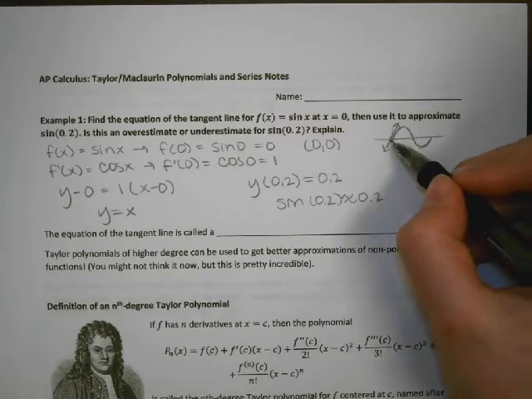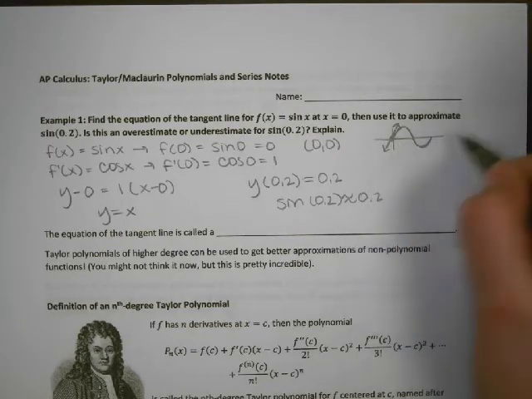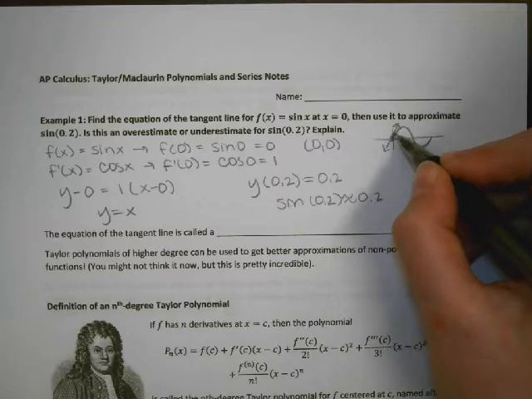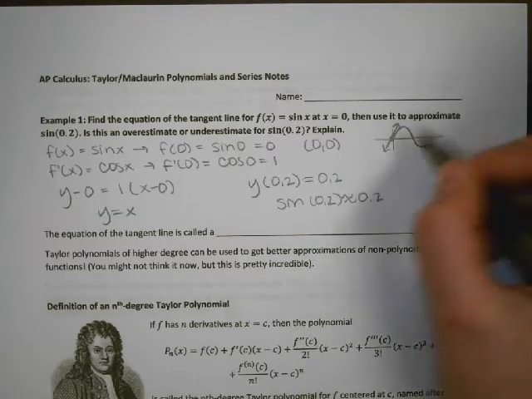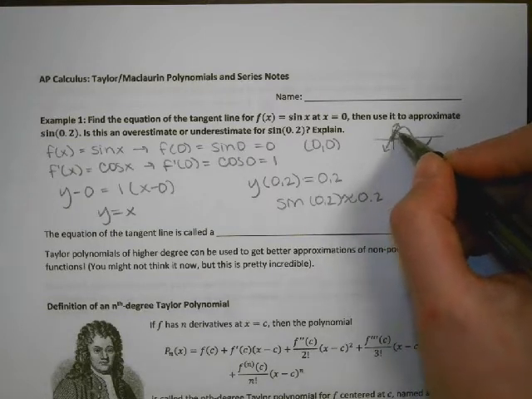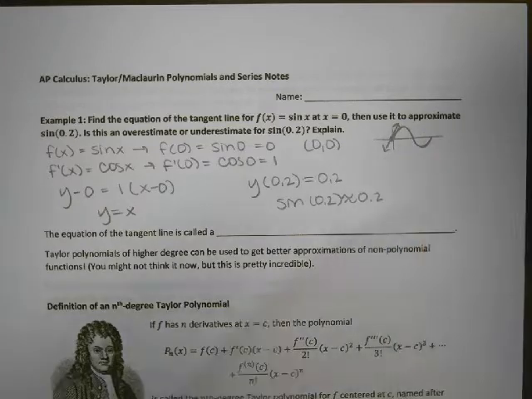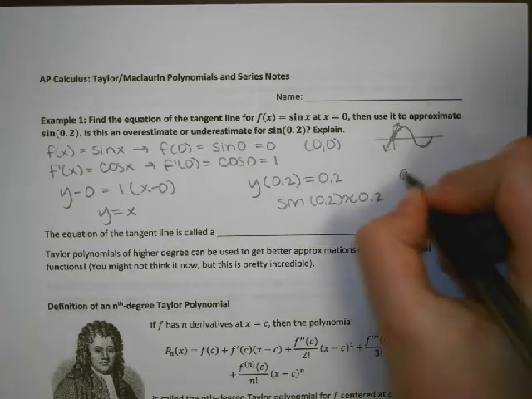But what we were approximating was 0.2, which is slightly to the right, and that is definitely part of the curve that is concave down, so the tangent line is above the curve right there. If we had been approximating negative 0.2, it would have been another story. But positive 0.2 is a little bit to the right of 0, which means the tangent line was above the curve that was concave down, and so this is going to be a little bit of an overestimate.